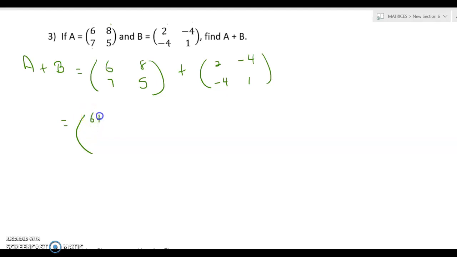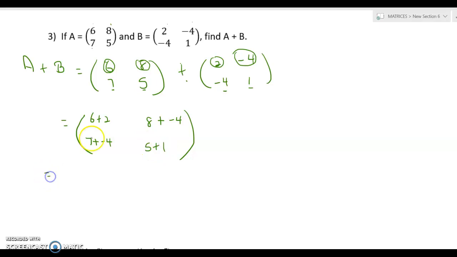The 6 plus the 2, so first number plus the first number. Then 8 plus negative 4. Right, just like that. And let's go to the bottom now. Then 7 plus negative 4. And then 5 plus 1.